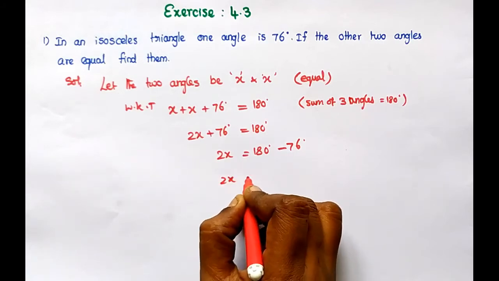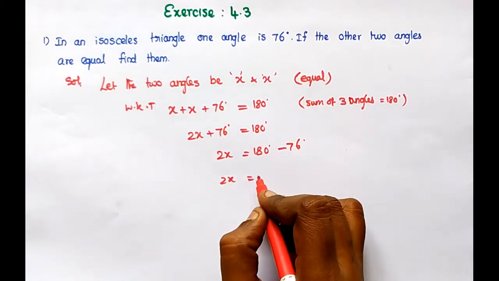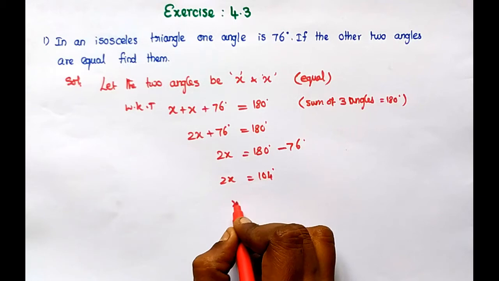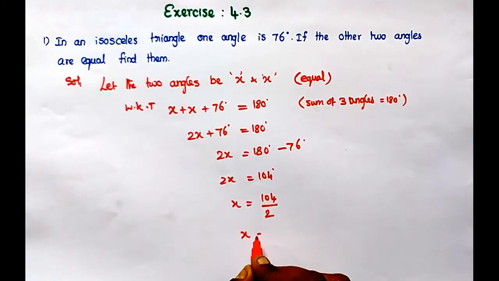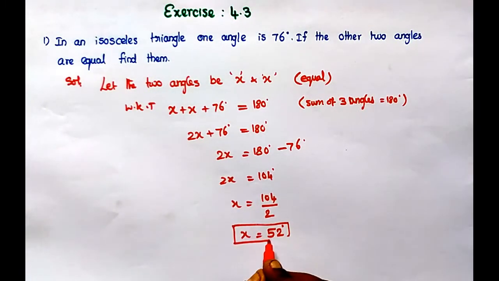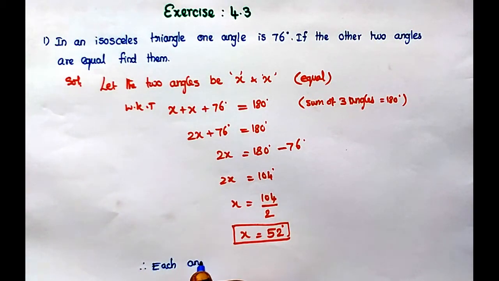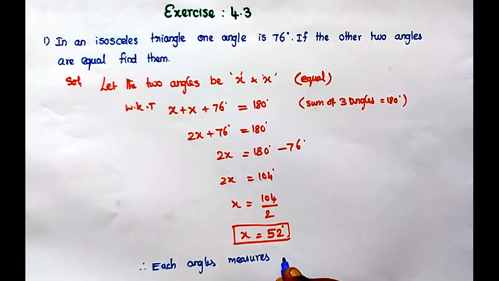We get 2x equals 104. So x equals 104 divided by 2. So x equals 52 degrees. So each angle measures 52 degrees. That is the answer.